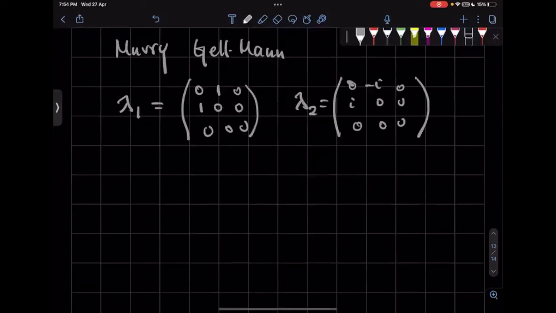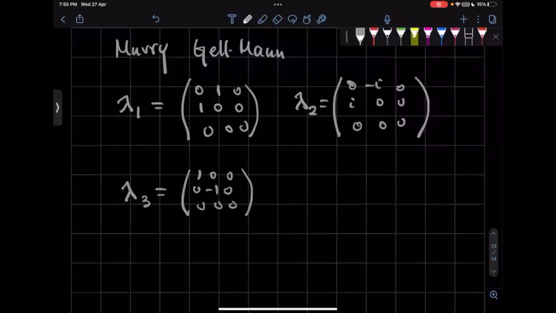The third one is lambda 3. Do you see a pattern in these matrices yet? They look like the Pauli matrices. Exactly. So these are essentially the Pauli matrices, which is just saying that there is an SU2 subalgebra in SU3.